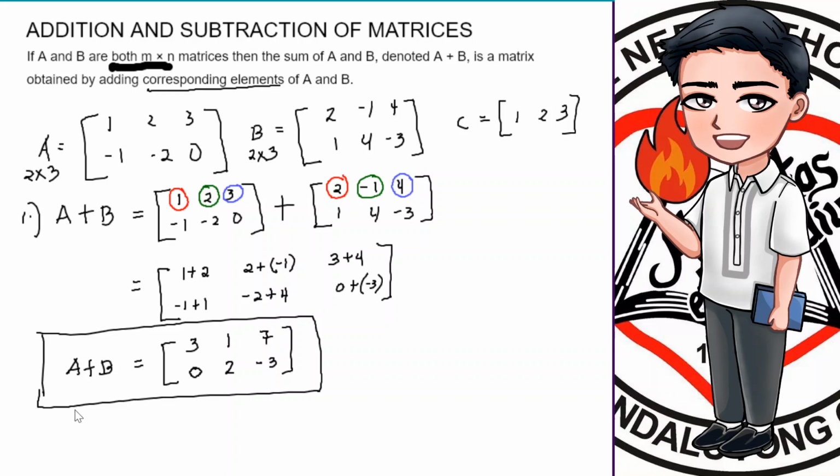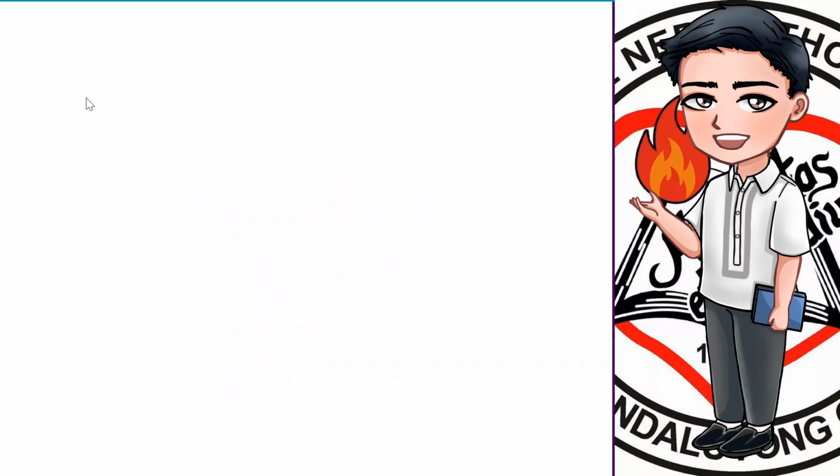Let's have our example number 2. Let's rewrite our given. Matrix A is equal to 1, negative 1, 2, negative 2, 3, 0. Matrix B is 2, negative 1, 4, 1, 4, negative 3.